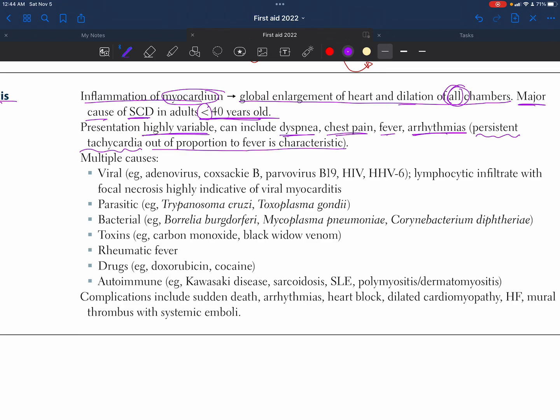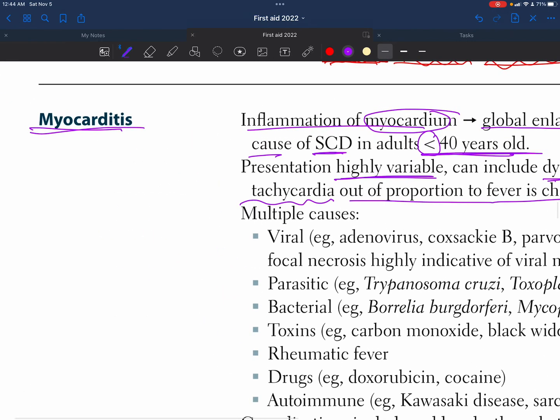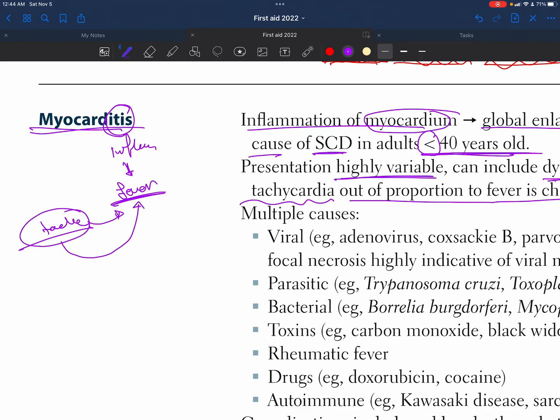So one of the arrhythmias that we can have is persistent tachycardia, but it's not explained by the fever because, of course, this patient has myocarditis, so there is inflammation, and every inflammation has fever with it. So in every fever, we have tachycardia, and in this case, we do have tachycardia, but it's not proportional to the fever.